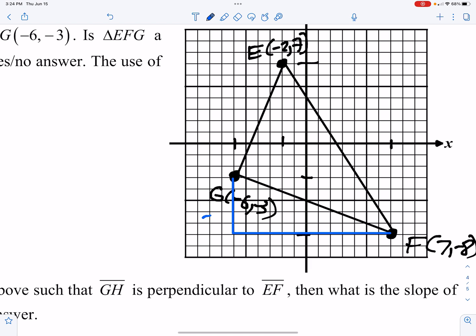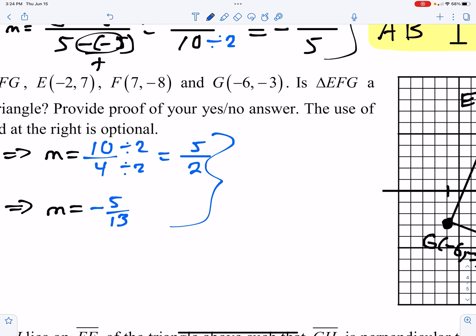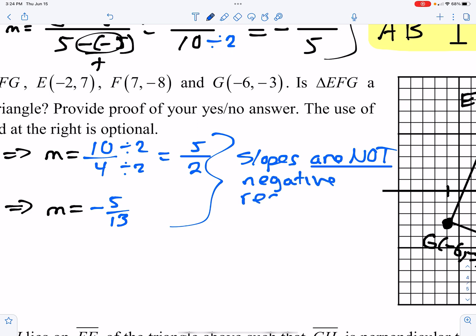Down 5 over 13. These slopes are not negative reciprocals of each other. They're not even reciprocals of each other.